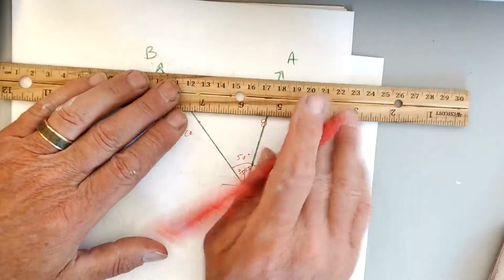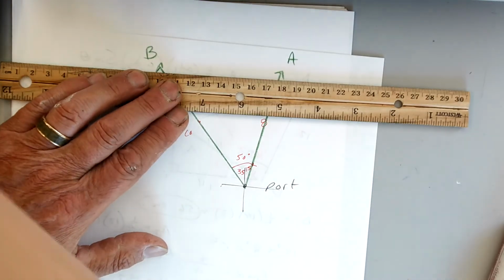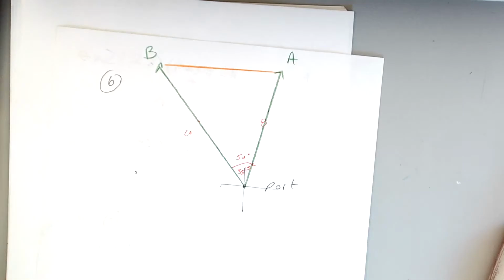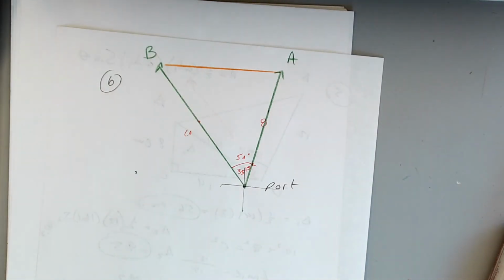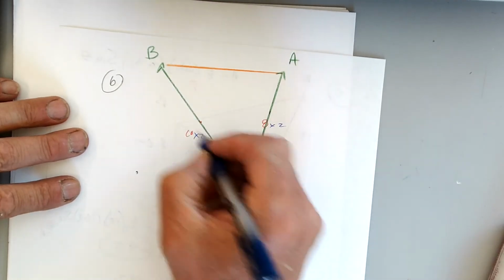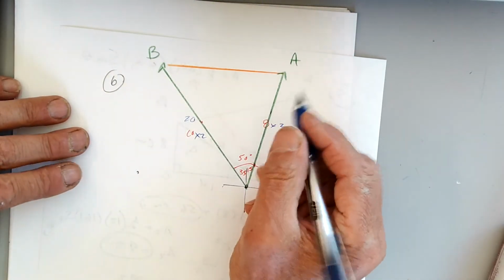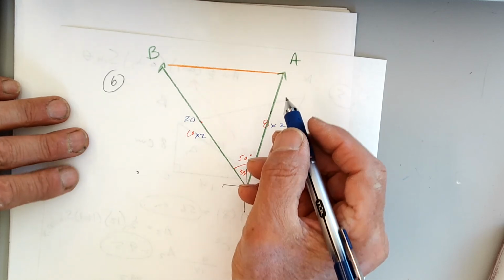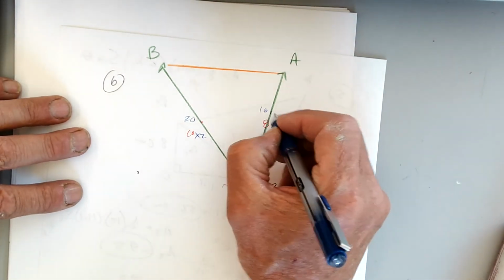This distance here is what I'm looking for. How long are they going to travel, though? They're going to travel for 2 hours. Multiply that by 2, multiply that by 2. This is 20 kilometers. I'm sorry, not kilometers, probably nautical miles, yes. And this is 16 nautical miles.